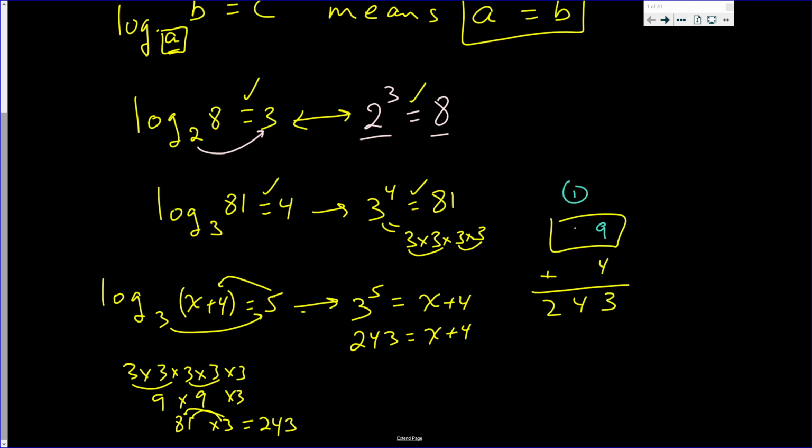That 1 plus 3 gives me the 4, and I'm going to have a 2 to get that 2. So x is 239. I mean, if you prefer, you can take away 4 from both sides. And that would be the answer to that problem. X is equal to 239.